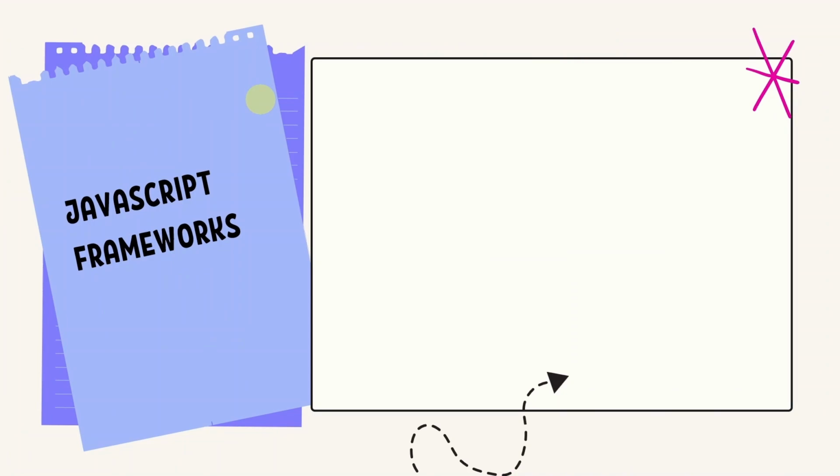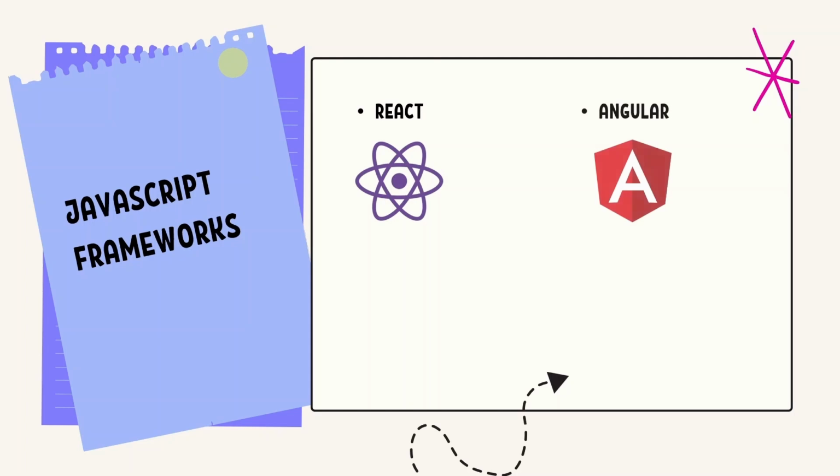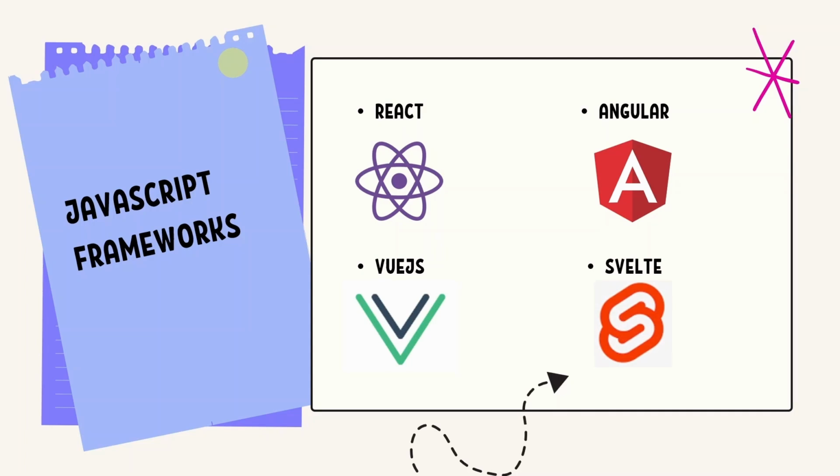Then comes JavaScript frameworks. Now, if you are comfortable with JavaScript, you have built lots and lots of projects, you have started with OOPS JavaScript, you have created dynamic websites by learning DOM events, then you should get started with a JavaScript framework. You can select any one of the frameworks. We have React, Angular, Vue.js, Svelte. Any one of these frameworks you can select, but I would suggest going with React, though it completely depends on your choice.